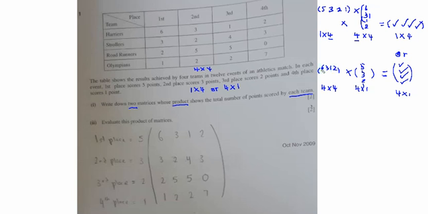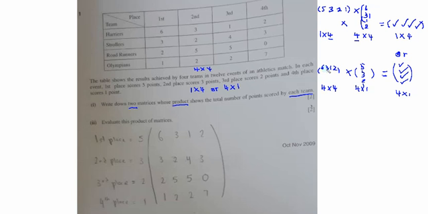Okay, 6 times, first place, multiplied by the point allocation, which is 5. Correct. 3 times, second place, multiplied by 3, the point allocated for second place. Correct. Then third place, 1 time, multiplied by 2, which is 2 points for third place. So this arrangement is correct.